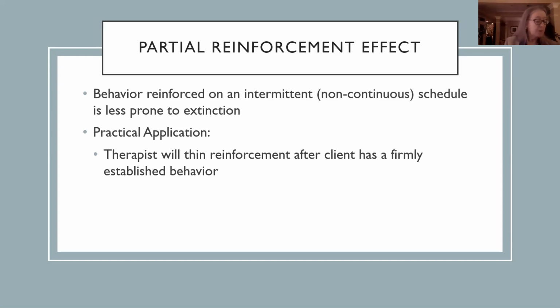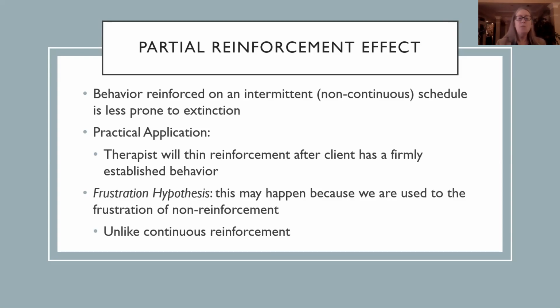Now, your book has asked, okay, how does this work? Why does this happen? One explanation that's very popular is the frustration hypothesis. It says that when you are trained on an intermittent schedule, there have been times when you sat and did not get your reinforcer, and you might be frustrated.